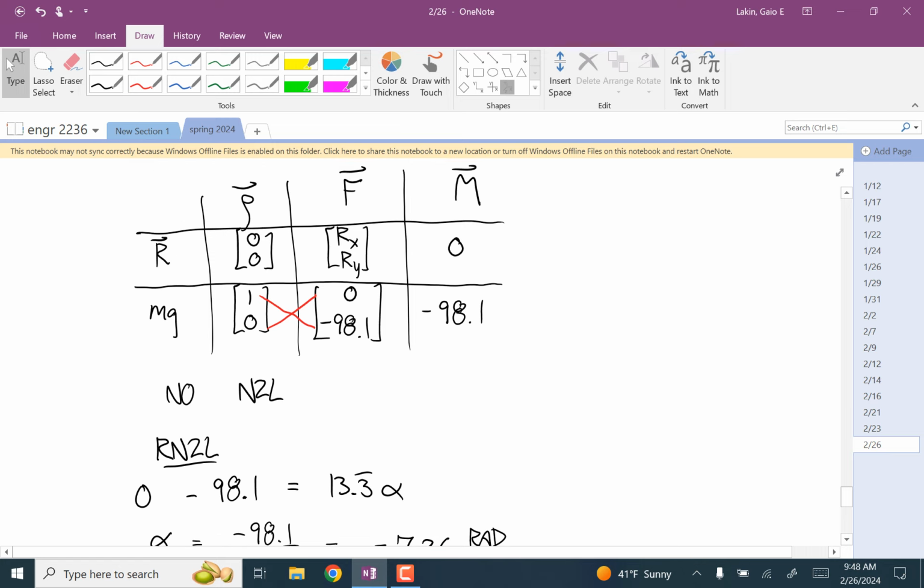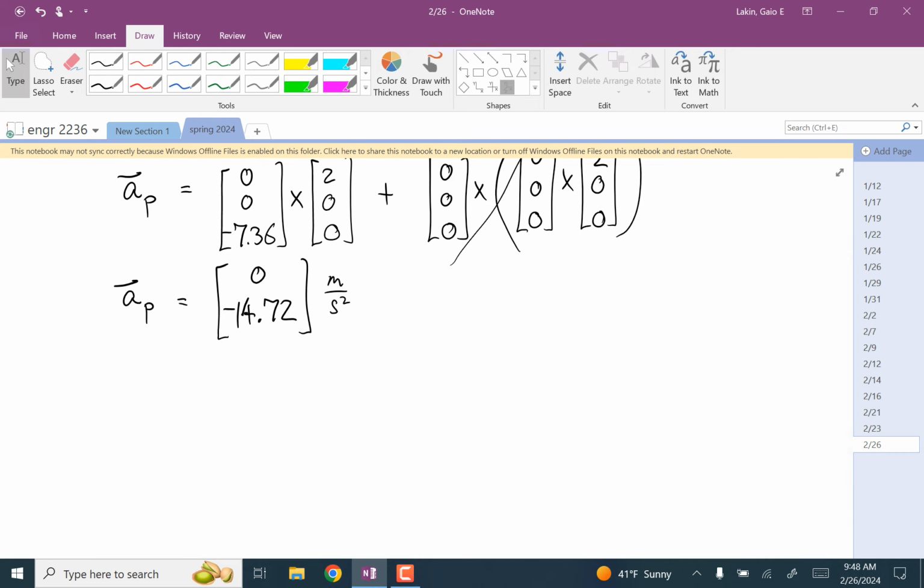You also could do it this way: get to the end, get that angular acceleration. Now calculate the acceleration of the center of mass using the watermelon equation. And then go back and use Newton's second law now that you have the acceleration of the center of mass. Okay, so that's something you'll do quite a bit. What if we wanted to calculate R?